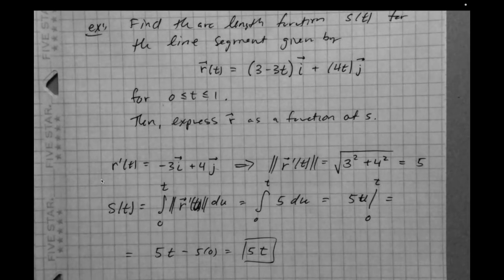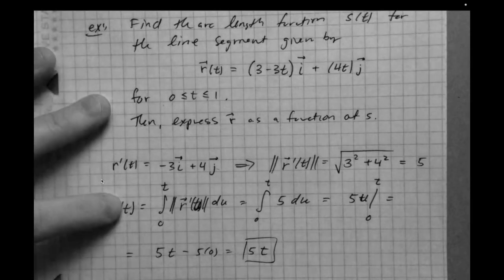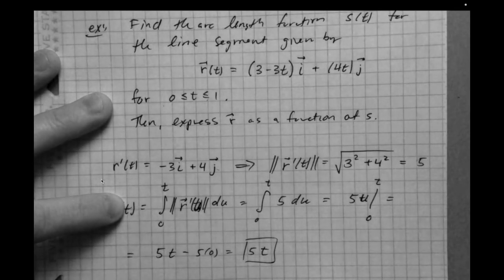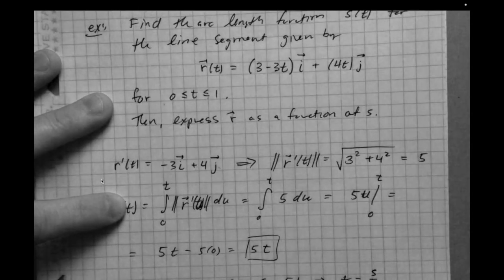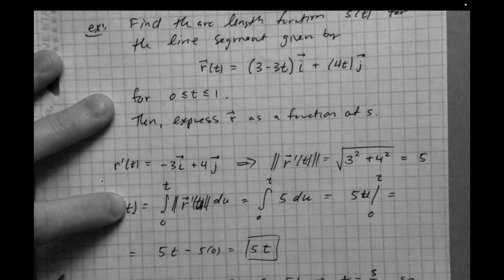So now how do we take this information and rewrite r using the arc length parameter? What we do is we say, okay, so s equals 5t, that implies that t equals s over 5. Okay, so r of s would be what?